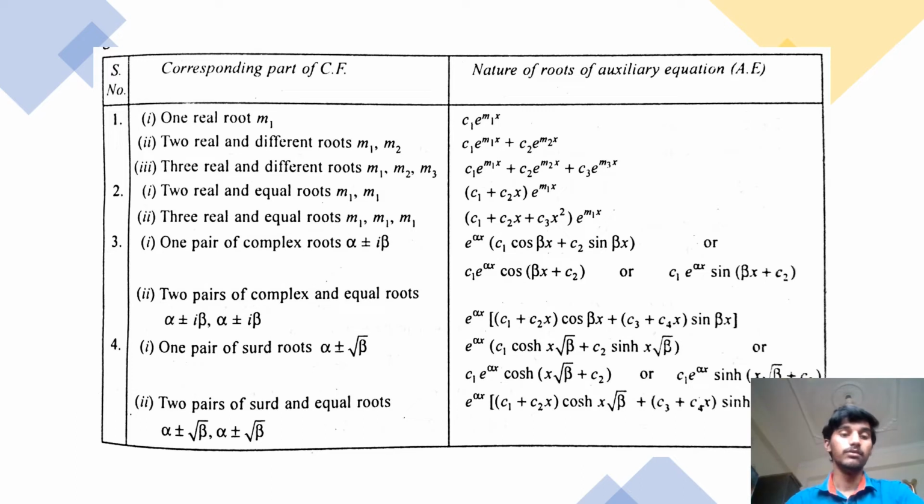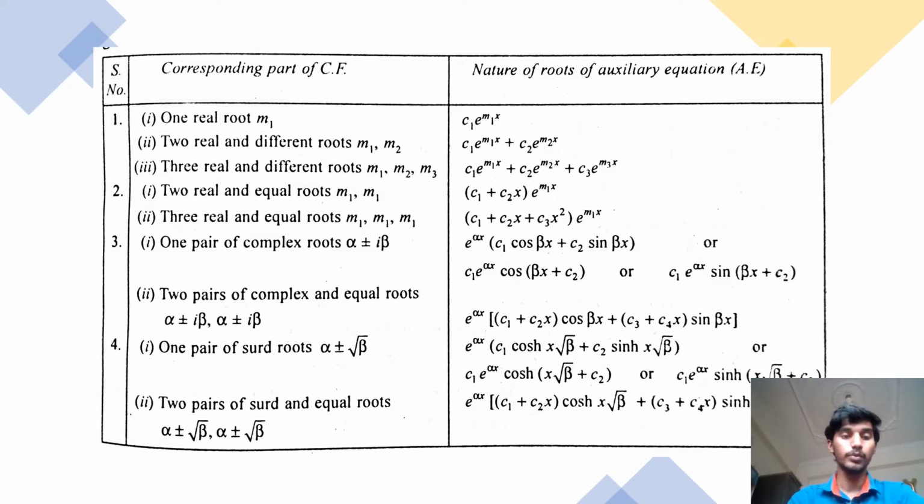If the given roots are one pair of surd roots, then it is written as c1 e to the power of alpha x cosh x root beta plus c2 sinh x root beta.